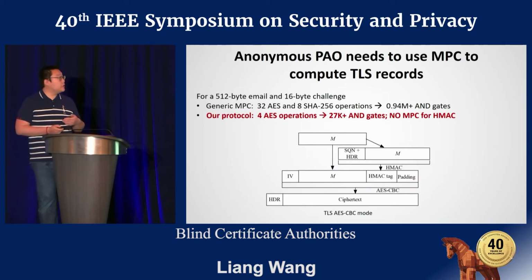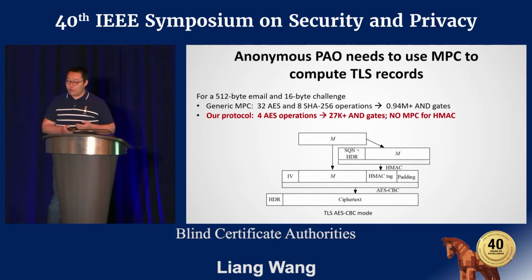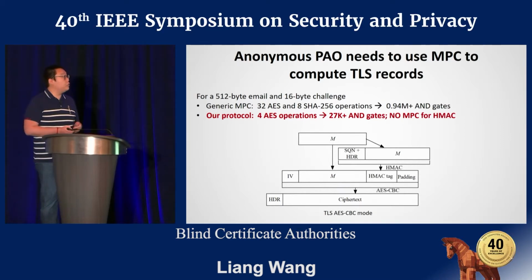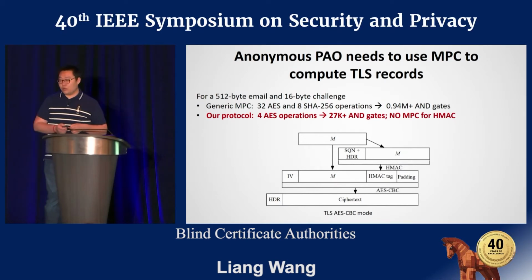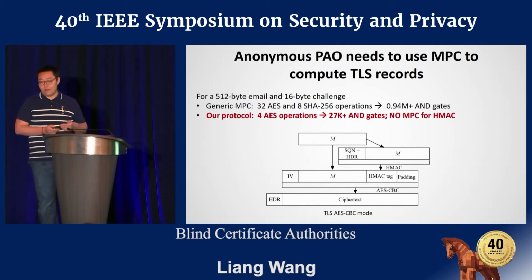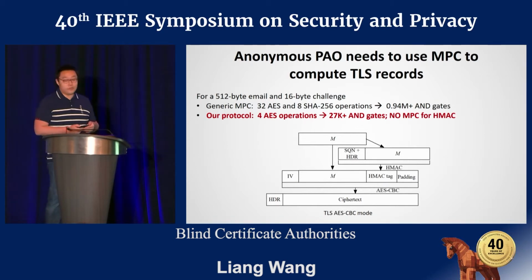And in the same setting, our protocol only needs to compute 4 AES blocks using standard MPC techniques. And we do not need to use MPC at all for computing HMAC. This can significantly improve the performance.